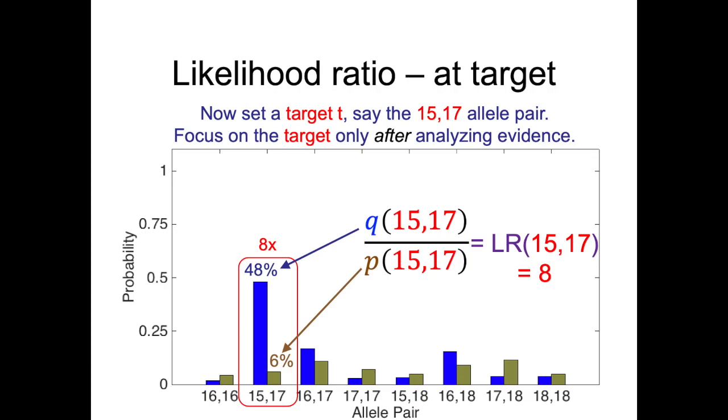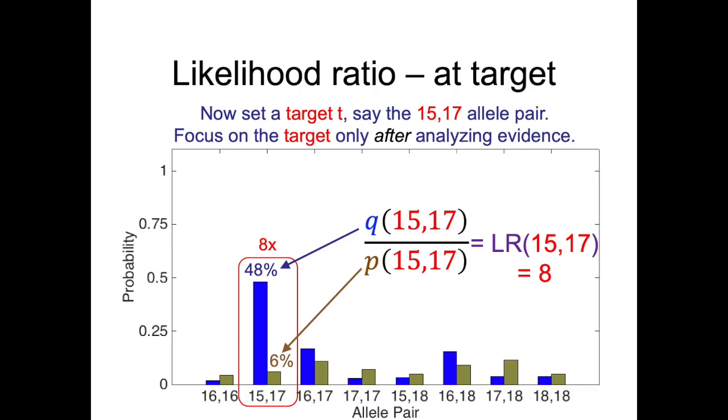Circled in red around the 15-17 allele pair, shown with the oval, there's a ratio of the blue bar's posterior probability of 48% divided by the prior probability of 6%. That ratio of 48 divided by 6, which equals 8, is the likelihood ratio.